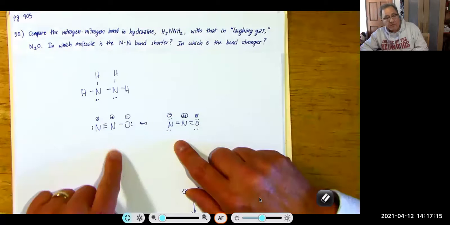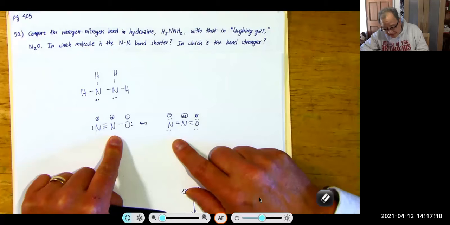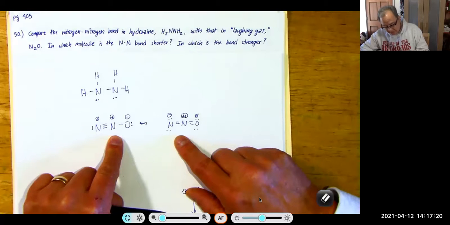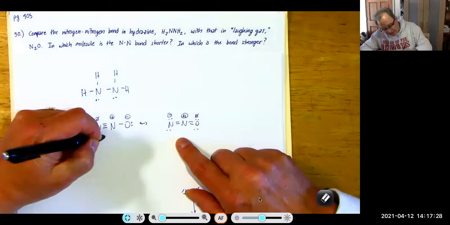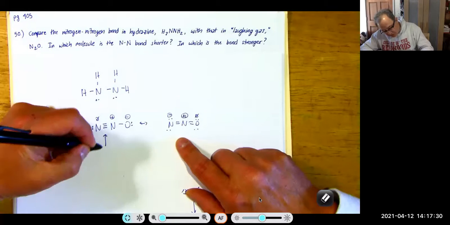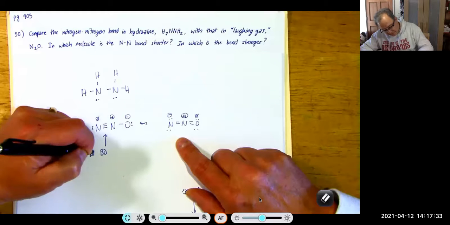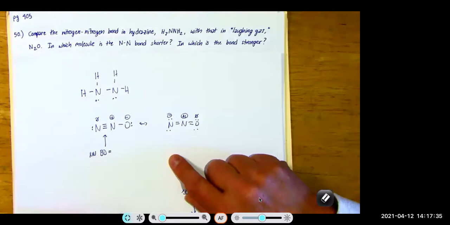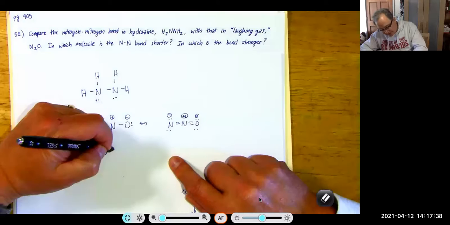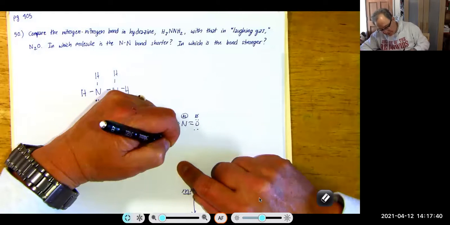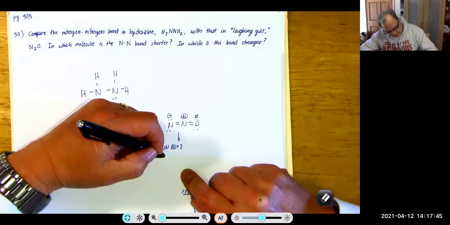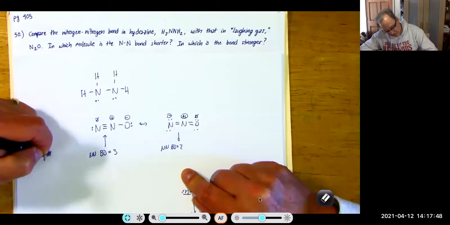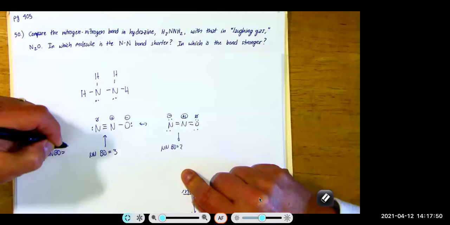Why do we think the resonance structure on the left is more important? Because the negative is on the more electronegative atom. Right. And in this resonance structure, what is this bond order equal to? In the first one, just 3. And what is this nitrogen-nitrogen bond order equal to? 2. So what is the average nitrogen-nitrogen bond order? 2.5.